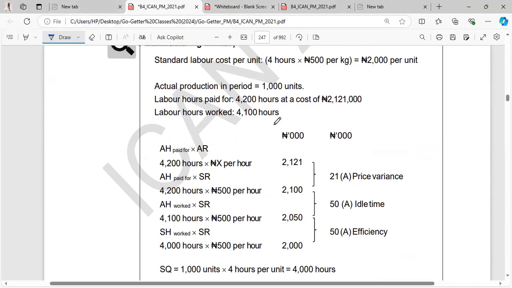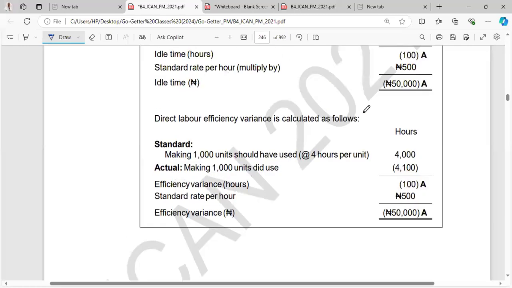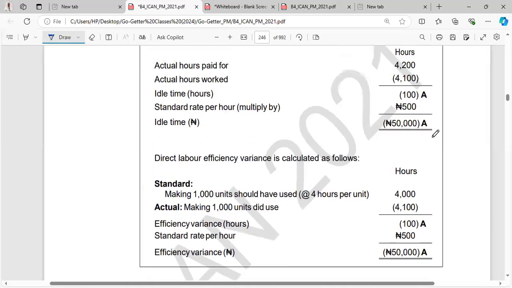All right. So once you have calculated the idle time, you can now do the efficiency variance.